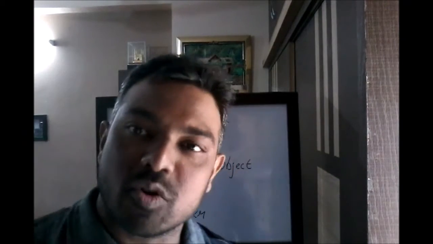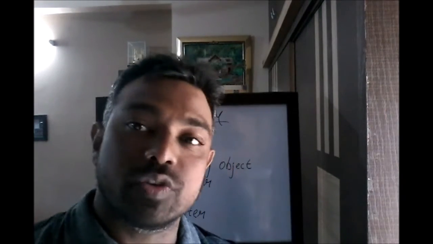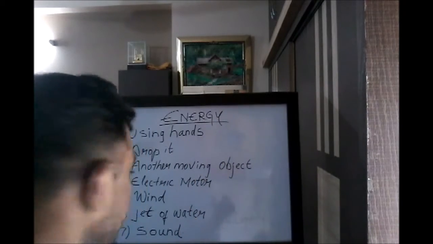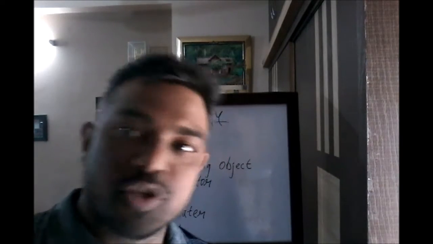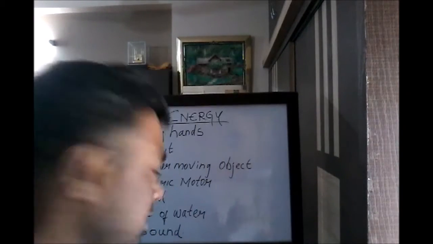Another moving object, it's a push using kinetic energy of another object. Electric motor, it's a pull using electrical energy. Wind is a push using wind energy. A jet of water, it's a push using hydraulic energy. Sound, it's a push using sound energy.